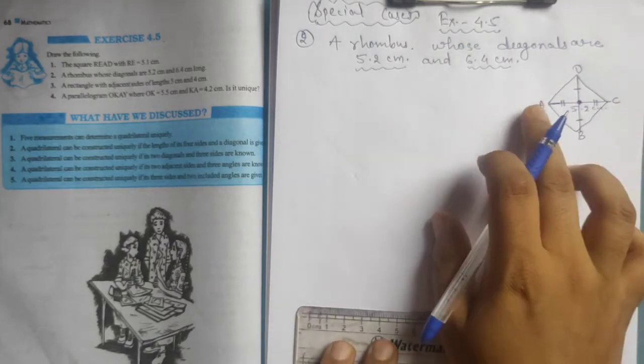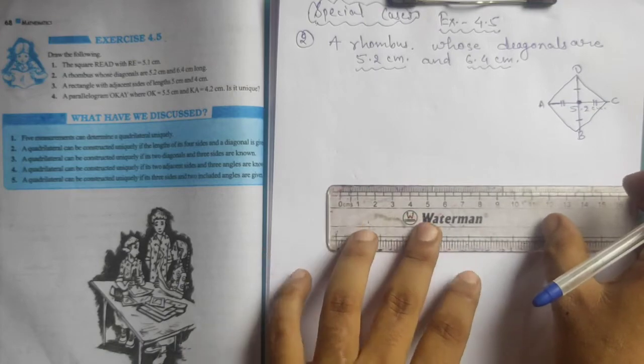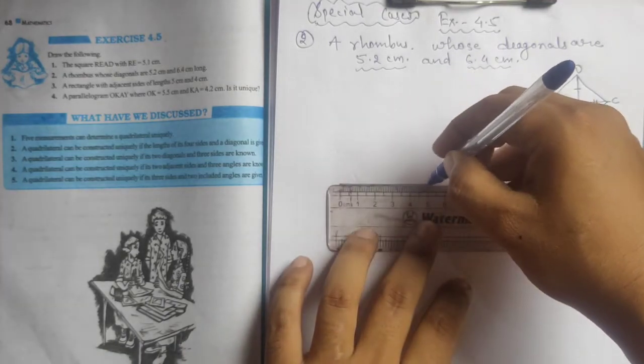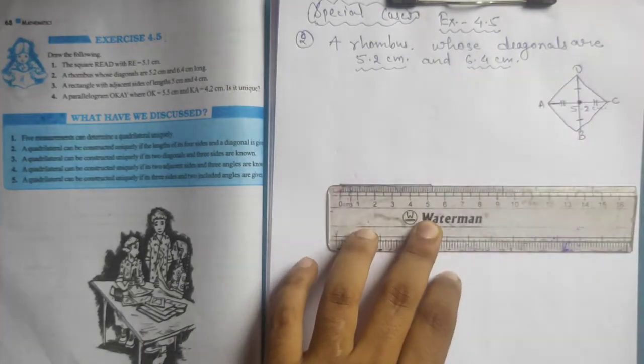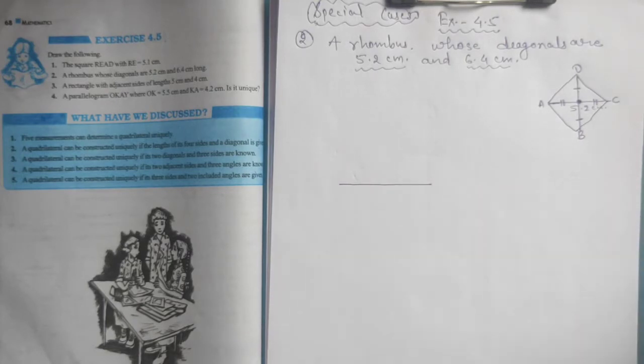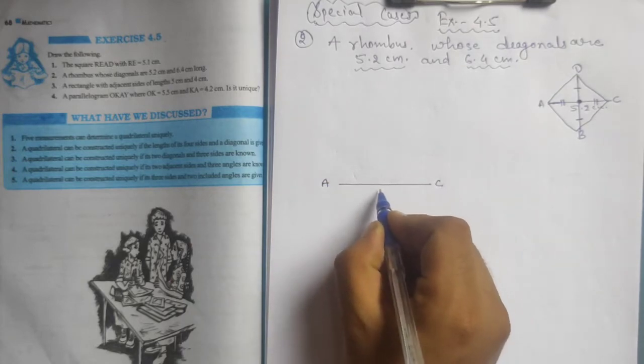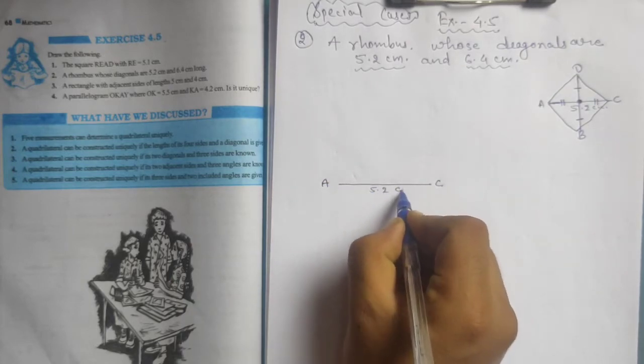So first of all, construct a line segment AC equal to 5.2 centimeter. Make a line segment of 5.2 centimeter with the help of a scale. This is the 5.2 centimeter. Then name this as AC, which is of 5.2 centimeter.